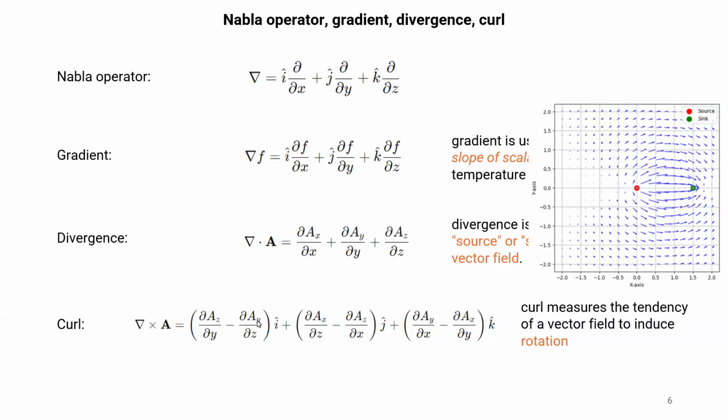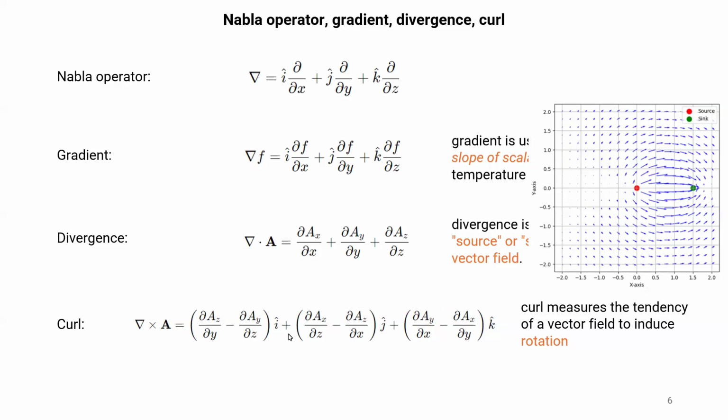Finally, the last operation we need is called curl. It is a cross product of nabla with vector field A. Again, doing the same operations, representing the nabla and vector in parentheses, then expanding the parentheses will result in this expression here.